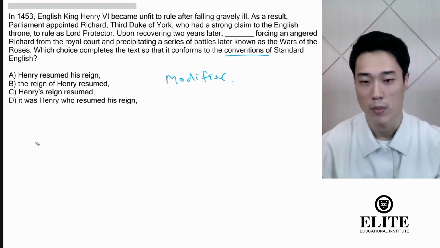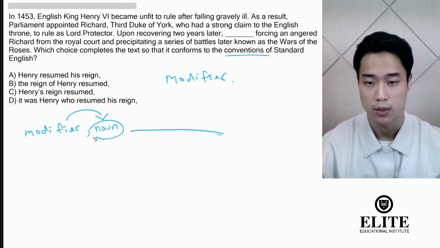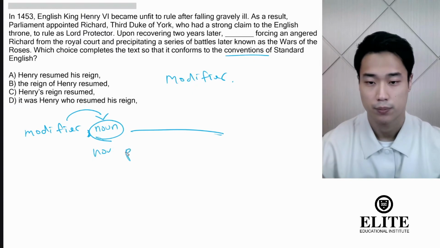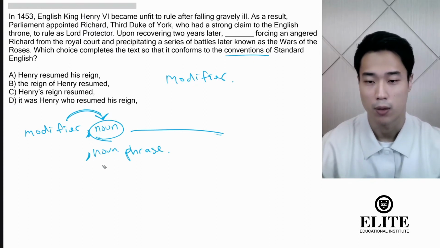So the way modifiers work is, if I have a modifier and, let's just say, a noun, the modifier has to immediately be related to what follows the comma. So if we have a noun or a noun phrase, which functions as a noun, the noun or noun phrase has to immediately follow the comma.